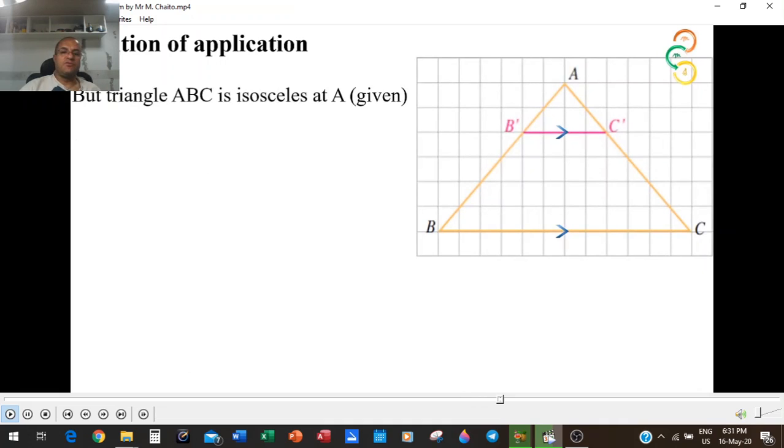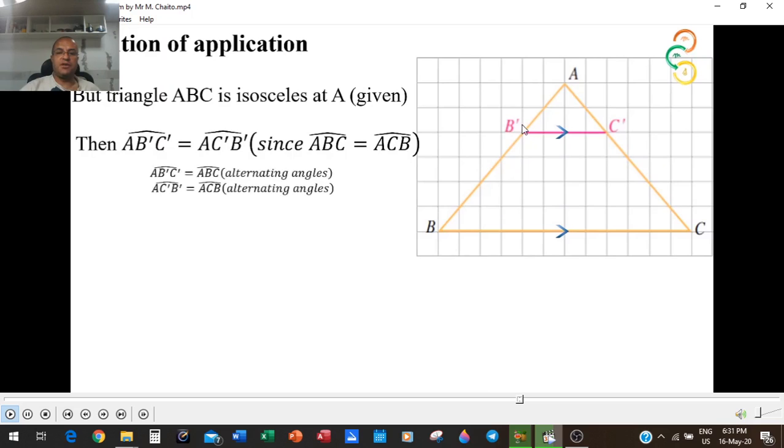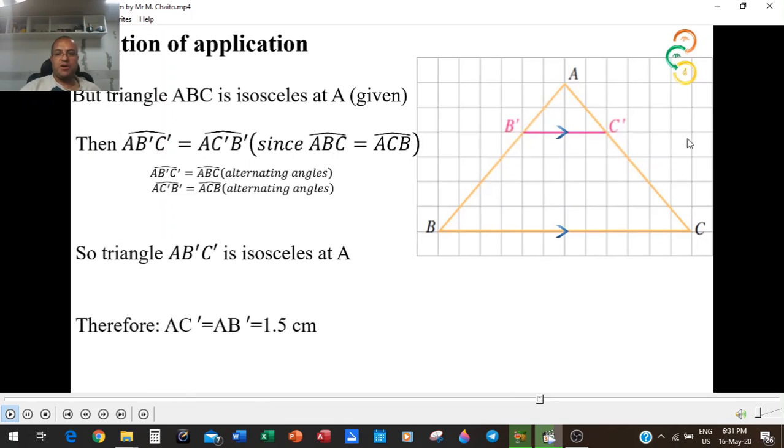So we also have that triangle AB prime C prime is an isosceles triangle, since angle AB prime C prime is equal to angle AC prime B prime. Therefore, AC prime equals AB prime equals 1.5 centimeters, because AB prime is given as 1.5, and they are the base sides of an isosceles triangle. So now we calculated AC prime.